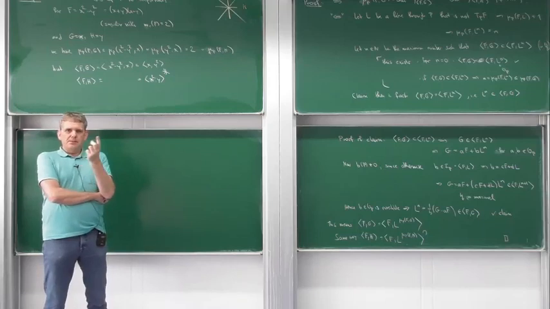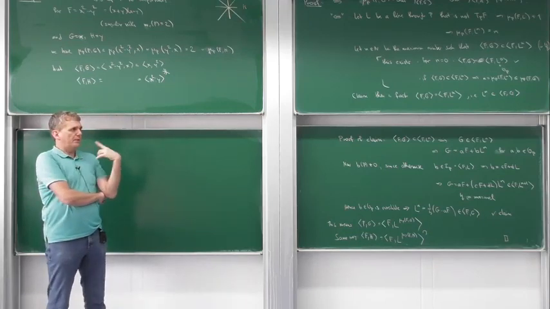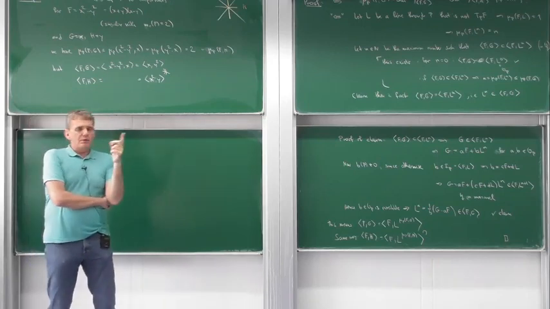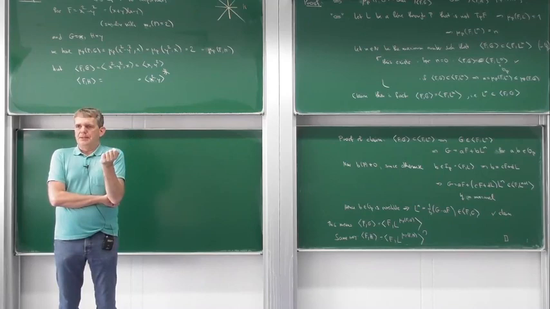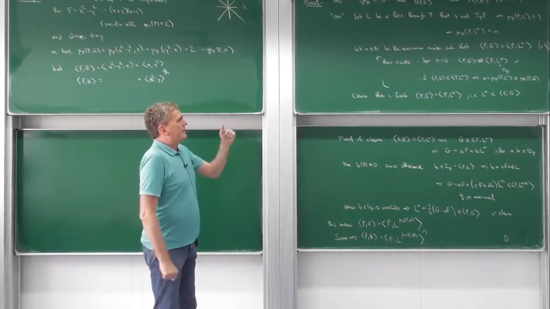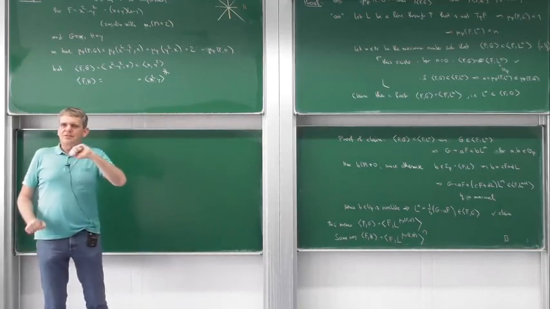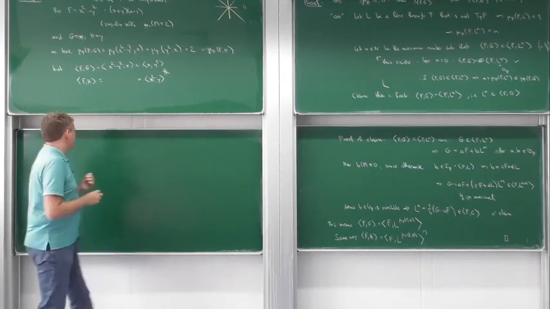Which tells you that locally at the point you could solve the equation of the curve for one of the variables in terms of a differentiable function, which means that the graph of the curve is the graph of a differentiable function, which is the same as saying it doesn't have any corners. I mean, it's a differentiable function.